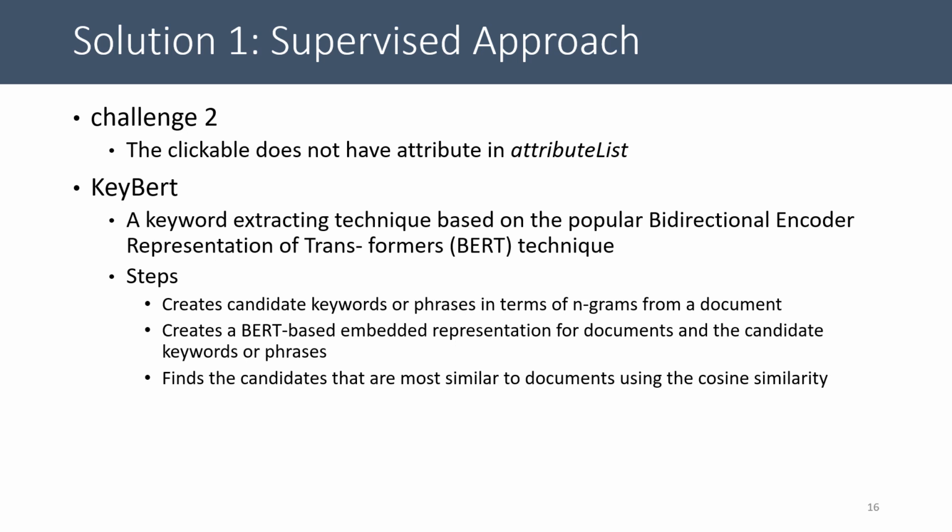N-grams represent the sequence of words in a document. In the second step, it creates a BERT-based embedded representation for documents and the candidate keywords or phrases. And in the third step, it finds the candidates that are most similar to the documents using cosine similarity.